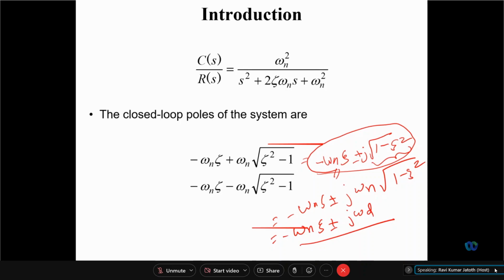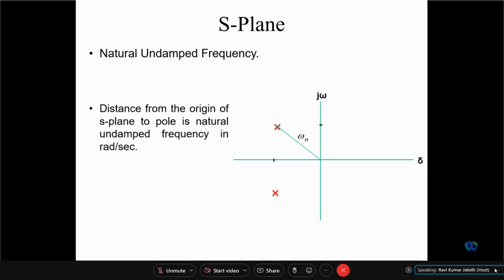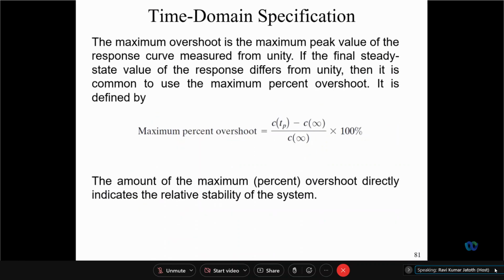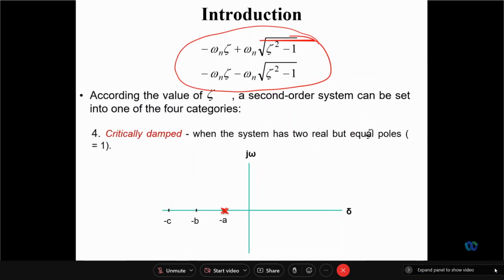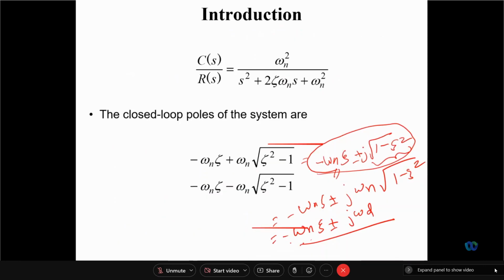Now, if you try to understand the physical meaning of this and represent it on the S plane, this is zeta omega n, no? This is the real part, no?